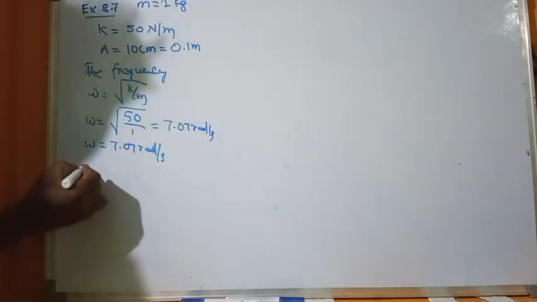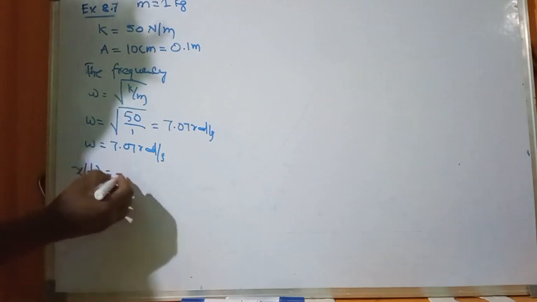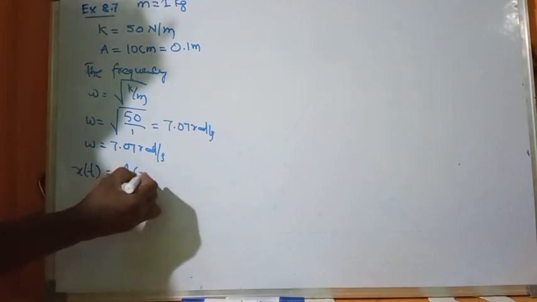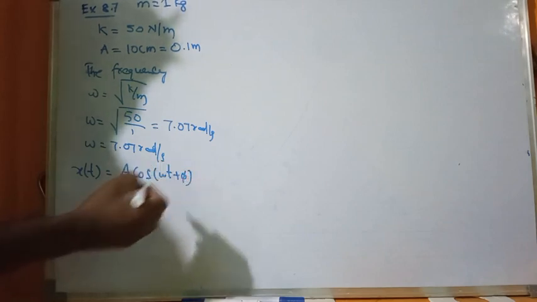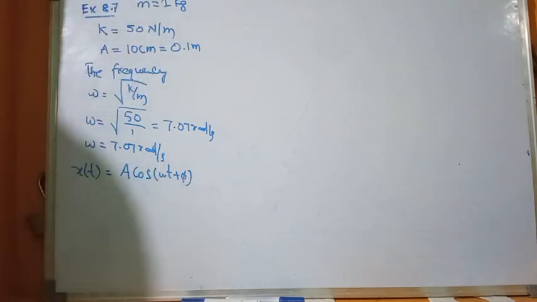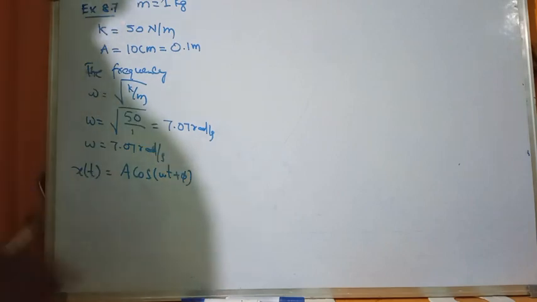Now the displacement at any time, we know the formula: x of t is equal to a cos(omega t plus phi). This is our formula at any time.